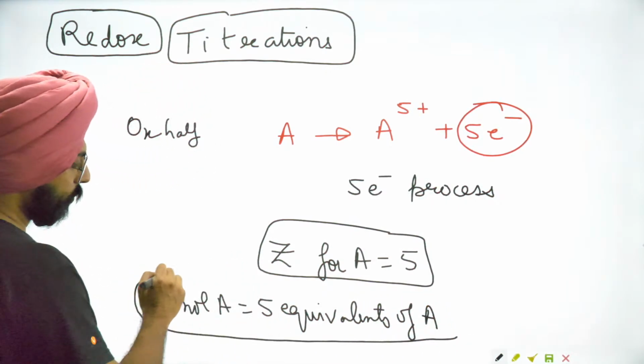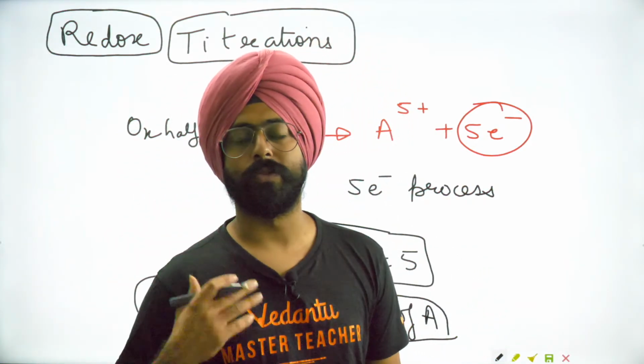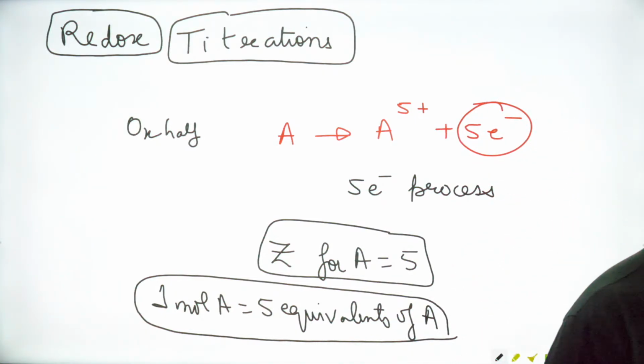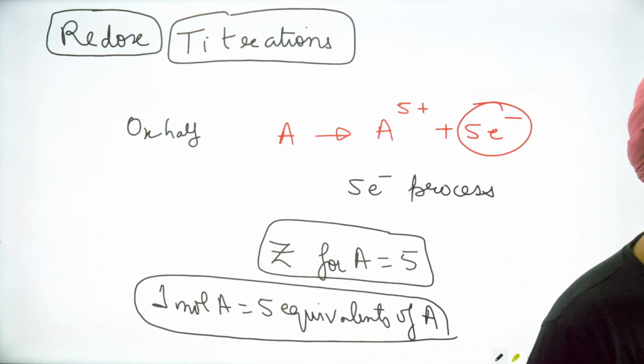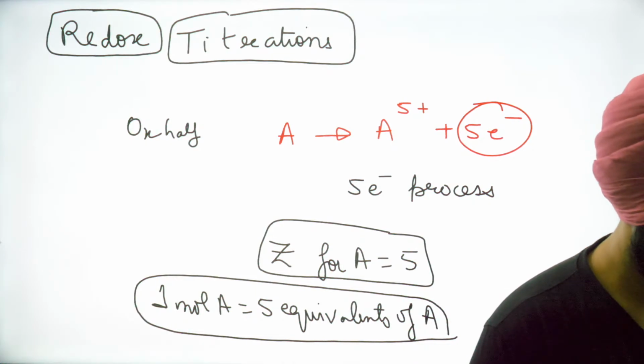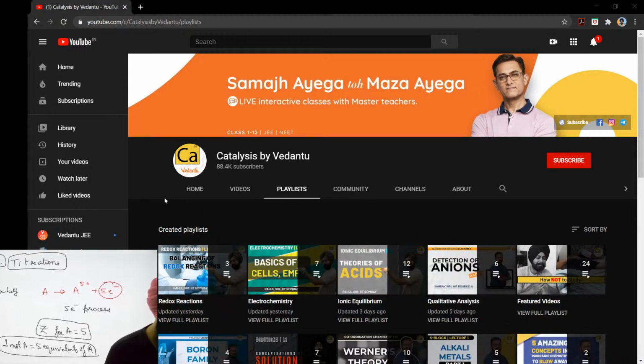And in case you've forgotten what the equivalent concept is, please go back and watch the classes of the mole concept chapter. If you have no idea what equivalents are, all you need to do is go to the playlist section of our channel. Let me move my face to one side.